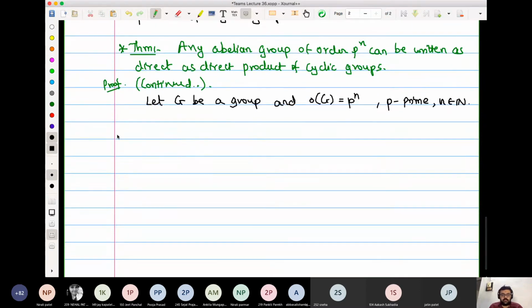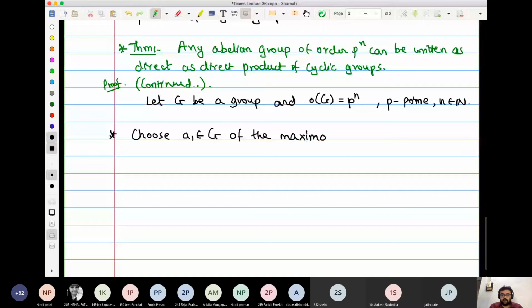Now this is the process. This is the first step. Choose a1 in G of maximal order, because G is finite.